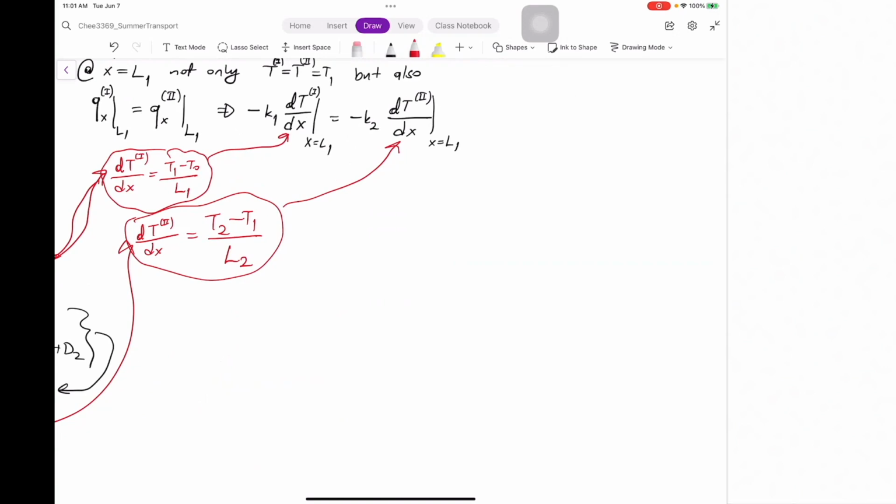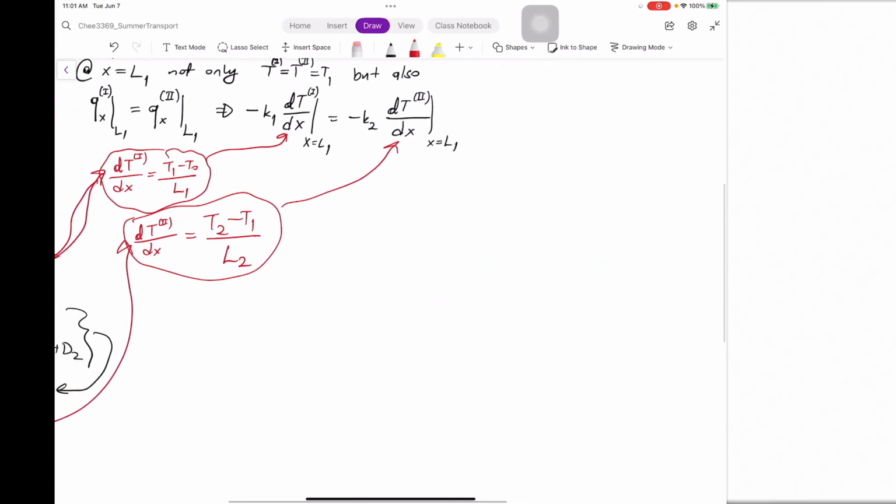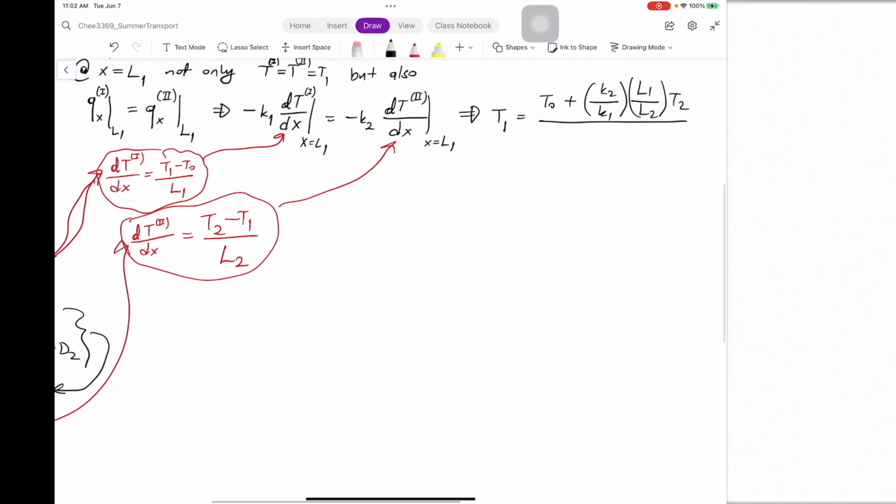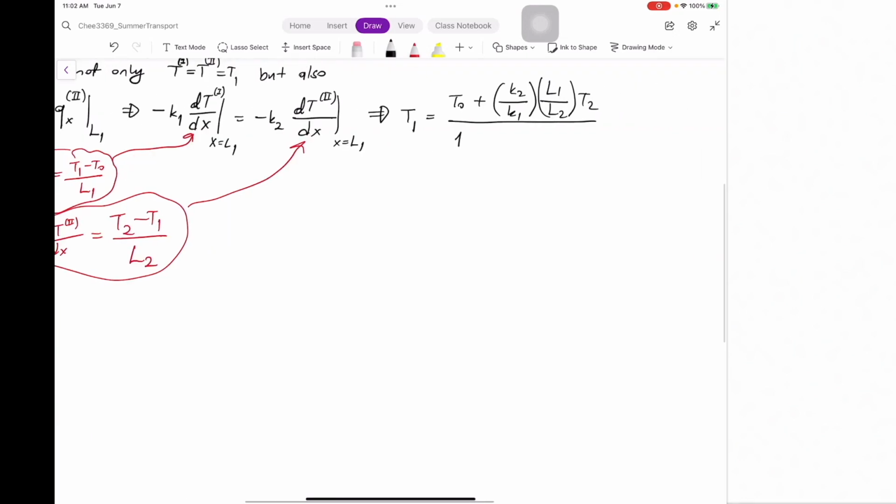And if you plug in and solve, after rearranging, you will find that T1 comes out to be T0 plus K2 over K1, L1 over L2, T2 divided by 1 plus K2 over K1, L1 over L2. This is going to be a good algebraic exercise for you to do.